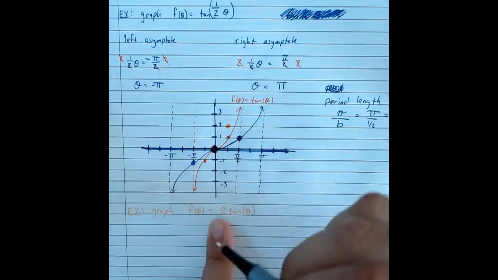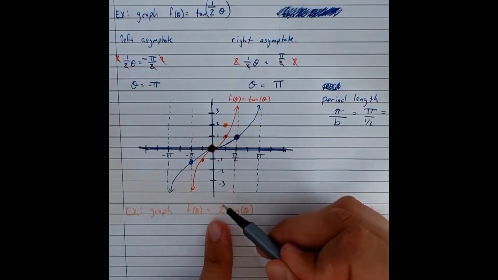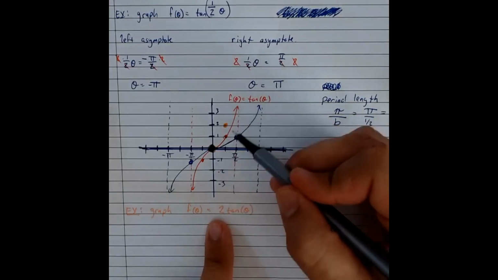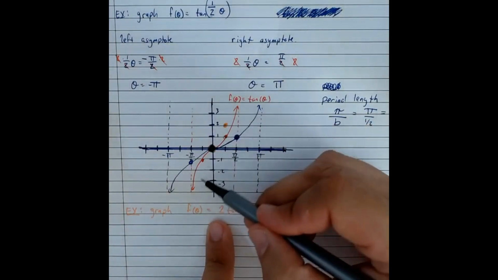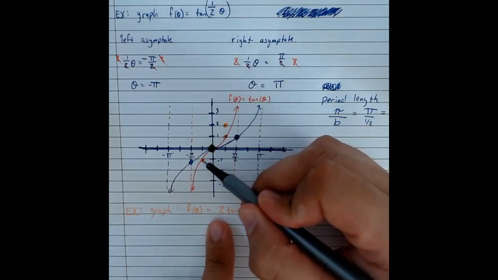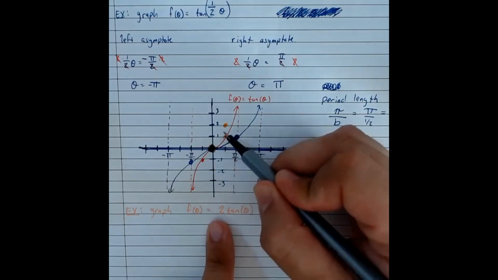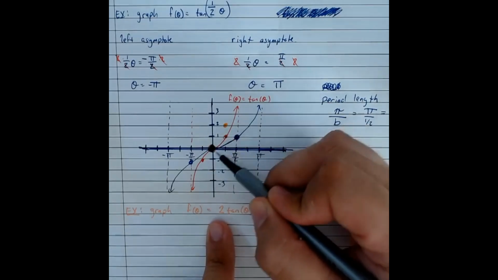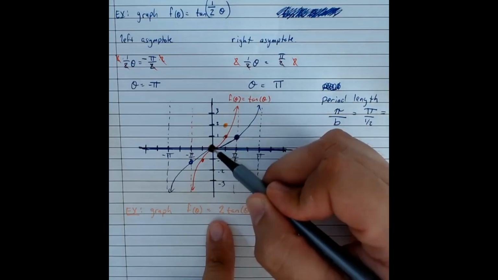So whereas this number would change the maximum and minimum of sine and cosine, since tangent doesn't have a maximum or a minimum, we're going to have to modify that slightly by saying we're not looking at a maximum or minimum. What we're doing is looking at this quarter point and this 3/4 point. The one in the middle is 0, and anything times 0 stays 0, so this one won't be affected.